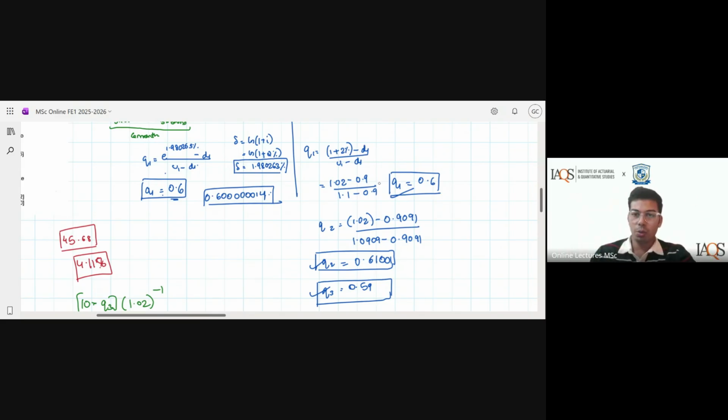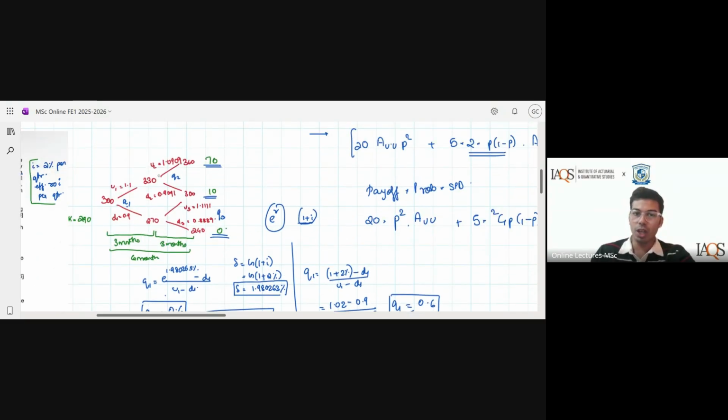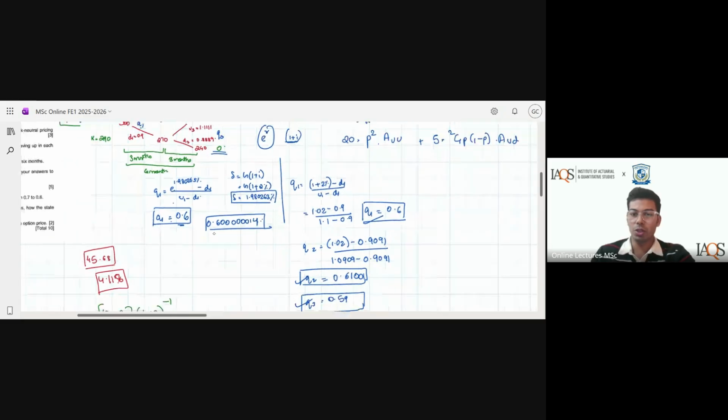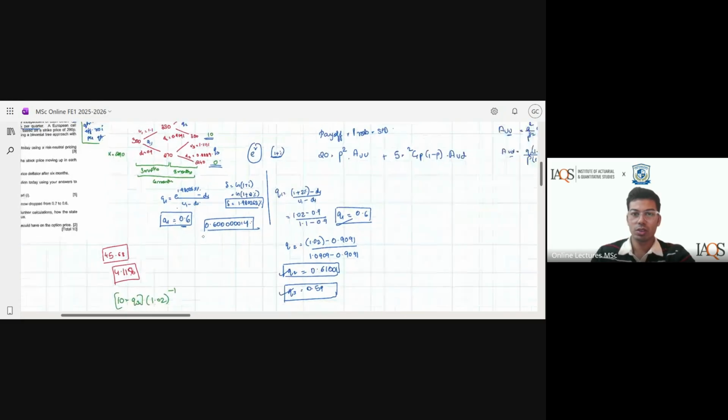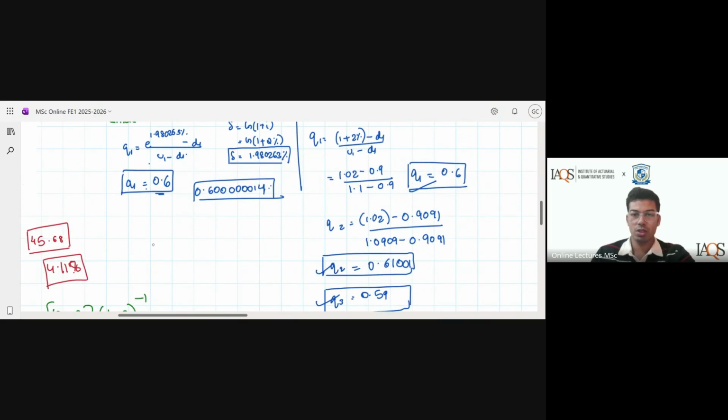Okay, everyone, once you all have calculated the probabilities, plot your payoffs, solve the up node, solve the down node, and then bring it to or solve the original node. And let me know how much you get the value.